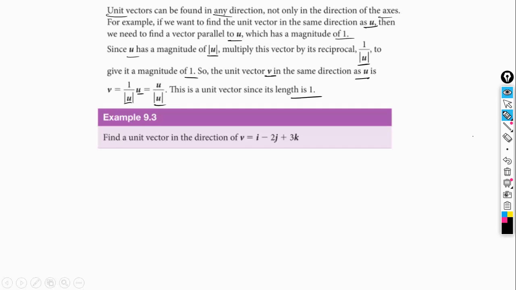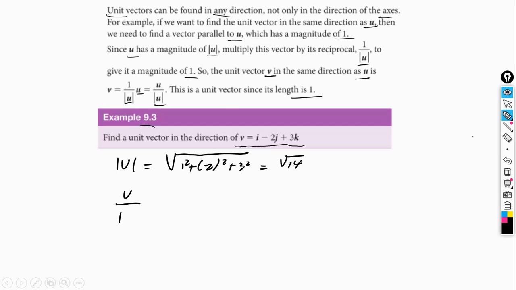Now let's take a look at example 9.3, and it says find a unit vector in the direction of v equals i minus 2j plus 3k. So the first thing we would need to do is find the length of this vector. So this is simply going to be the square root of 1 squared plus negative 2 squared plus 3 squared, and this is going to give us the square root of 14. Now, all we need to do to find this unit vector is divide v by modulus v.